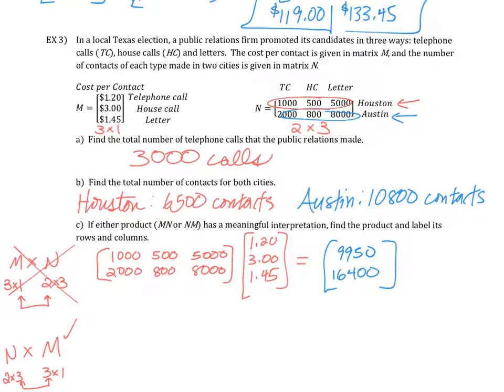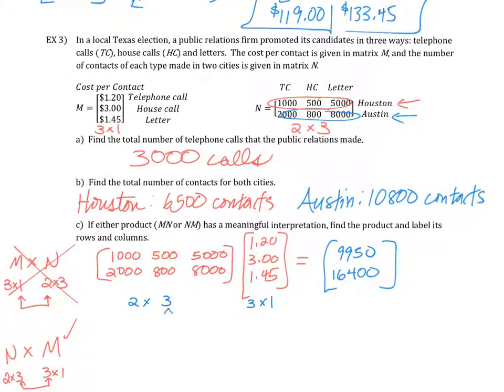So I realized I went ahead and did more work. When I was talking about multiplying the first row element-wise by the first column, you'll get 9,950. And when you go back and multiply this second row by this column, you'll get 16,400. Now, a couple review ideas here. This is a 2 by 3, and this is a 3 by 1.